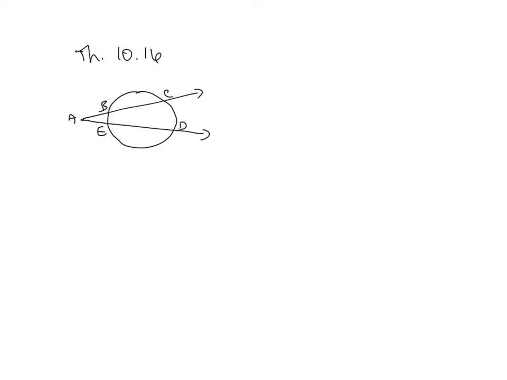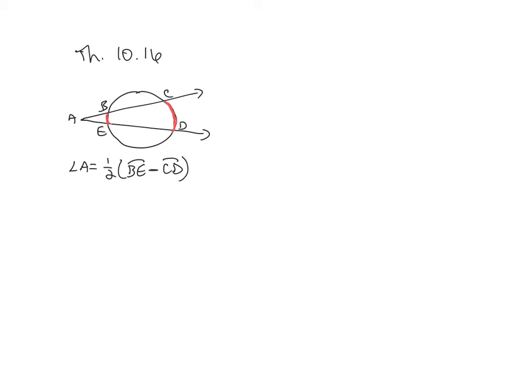Okay, so we have this one, angle A, so this angle way over here on the edge is half. And then we're going to look at the two arcs that are between those two secant lines that are intersecting at A. So it's BE minus, so there's a difference, CD.